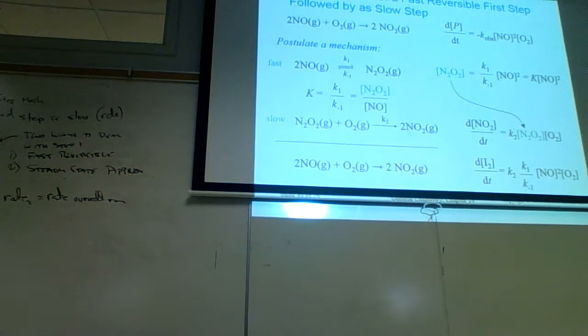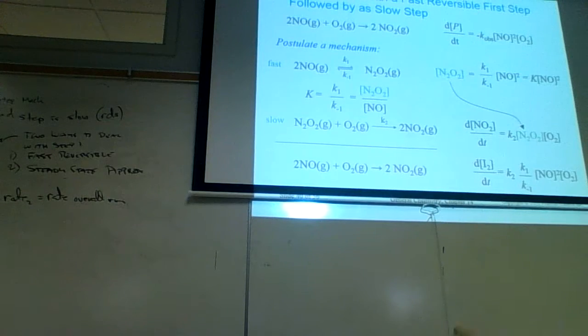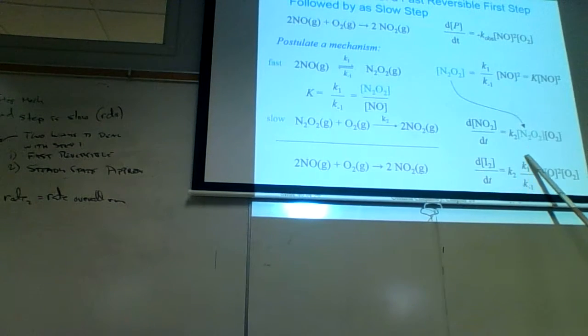And so what we can say is that this proves that this is a plausible mechanism. It doesn't prove that this is the correct mechanism because we might be able to think of other collisions that might give us the same net reaction and might actually give us the same rate law. And so for proof, we'd need additional work.